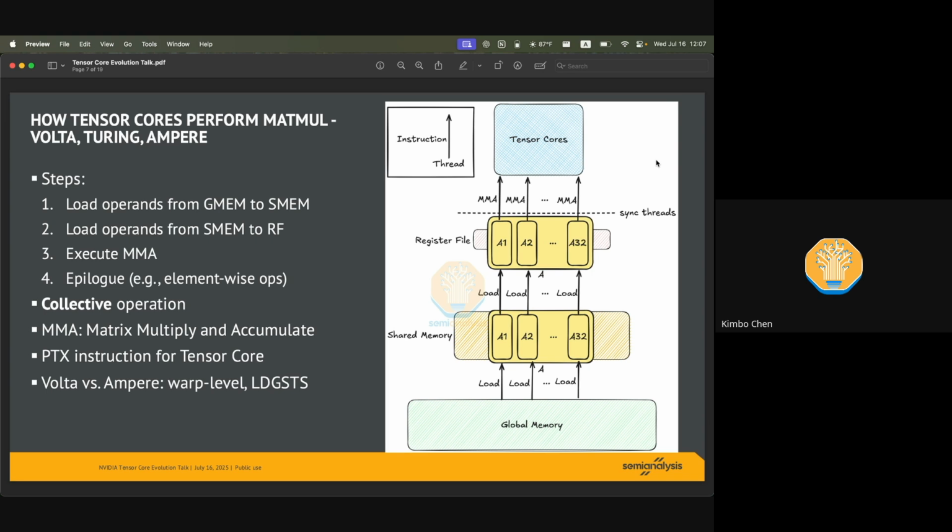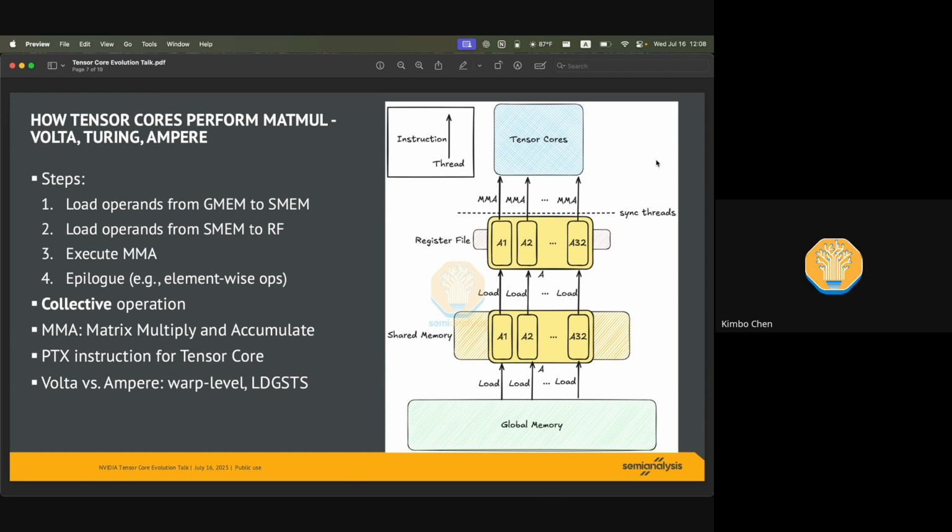Third step, you execute an MMA operation, and then you perform the epilogue operations. Usually they refer to non-tensor core operations, or operations done on CUDA cores, one of the most common being element-wise operations or activation functions, etc.